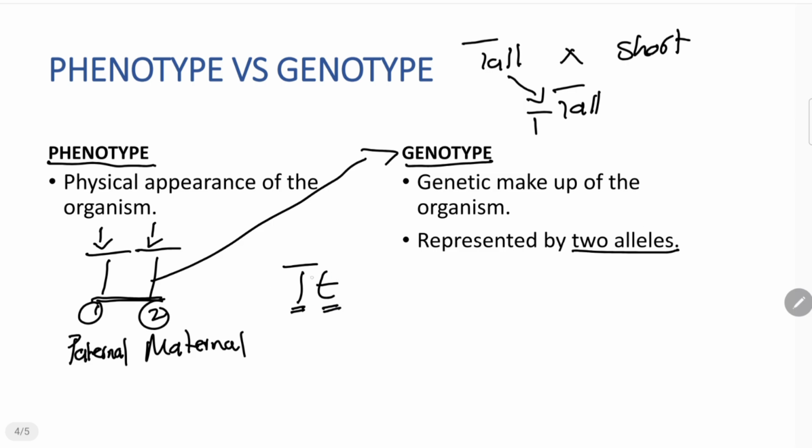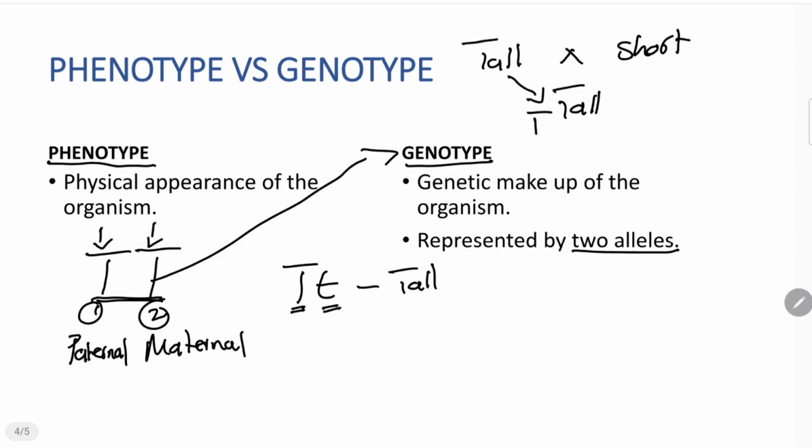But here's a very simple formula. Every time we combine a capital letter and a small letter, the capital letter will always win. So capital letter T here is for tallness. Small letter t is for shortness. But since capital letter T is stronger, or dominant to the allele for shortness, it tells us that the phenotype of this individual will be tall.